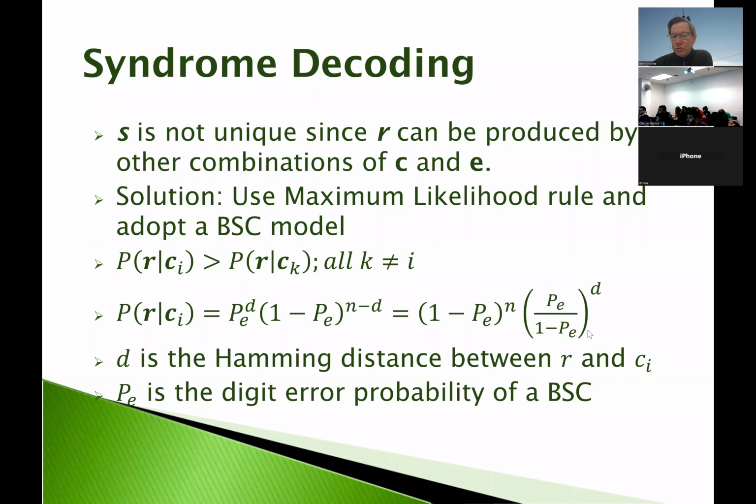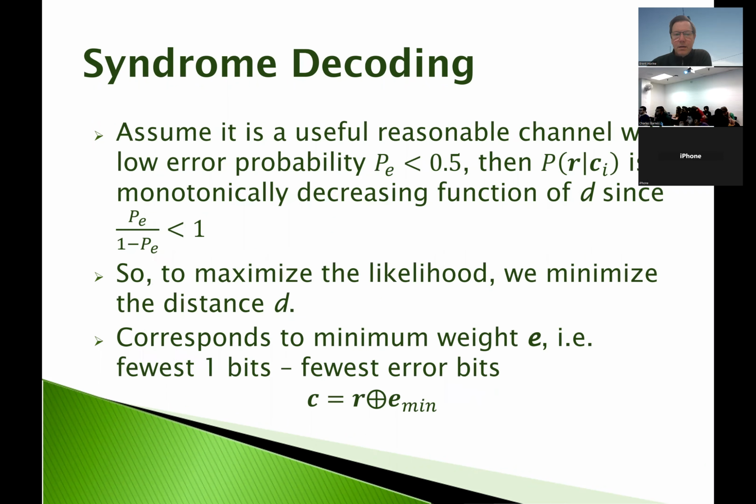So we're going to choose C sub i based upon the minimum distance, the fewest number of bits I have to flip to make it match R. So basically it's the closest one, the one that looks the closest bit by bit. Each bit is independent. So we want to minimize that distance D.